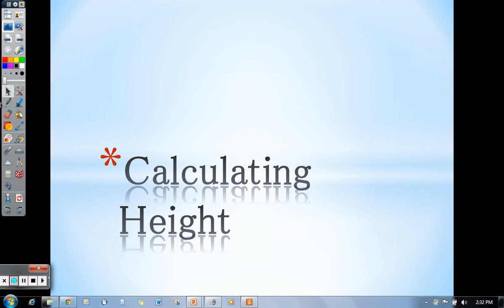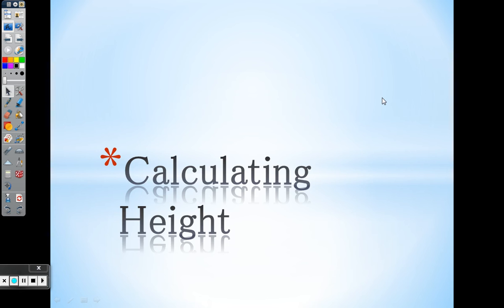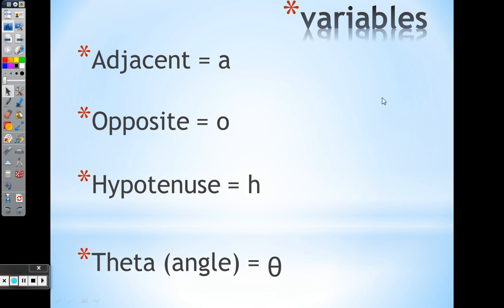So the first thing I want you guys to do is get out your calculator. Before we get into doing any calculation, let's make sure that all of your calculators are in the right mode. They have to be in degrees, because if it's in radians, then you'll get the wrong value.